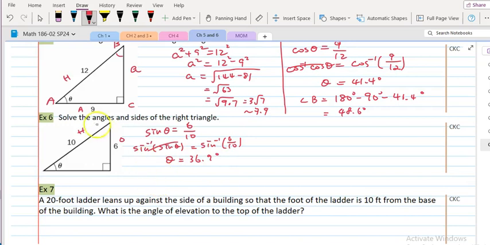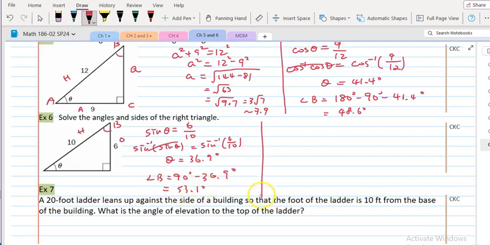Then the other angle, let's say this is angle B, would equal 90 degrees minus 36.9, because these two should add to 90 degrees, right? That is 53.1.